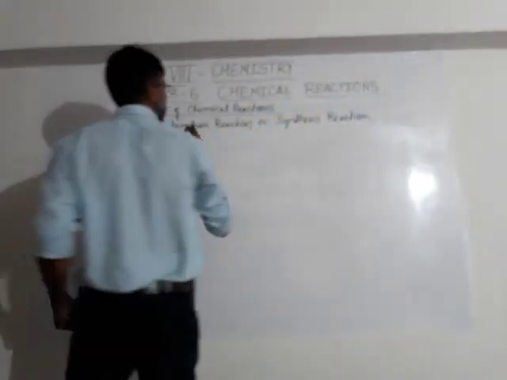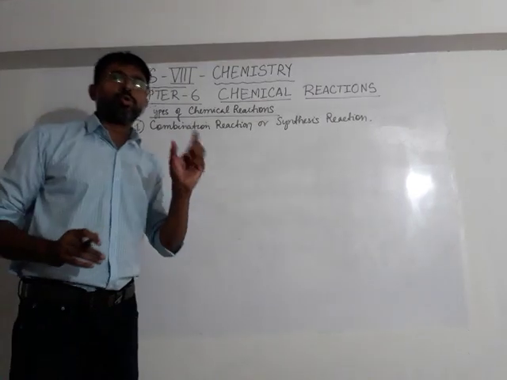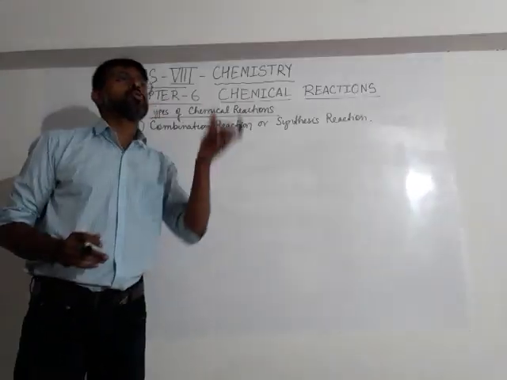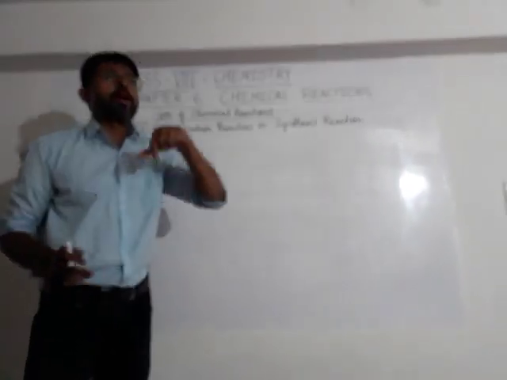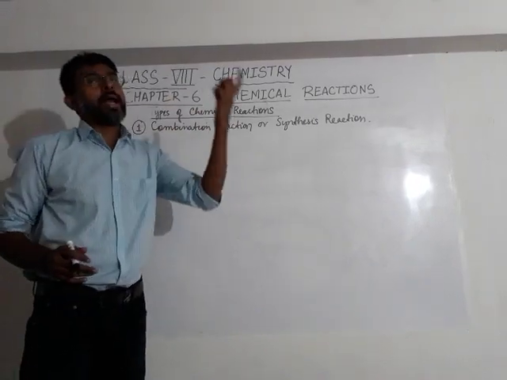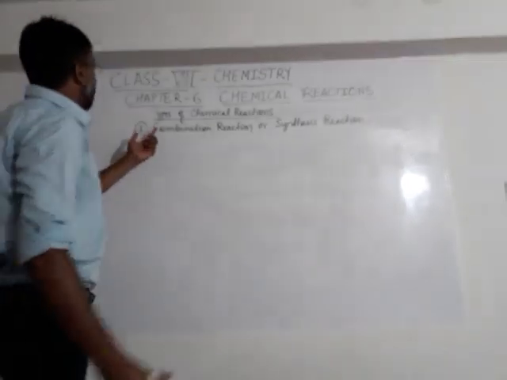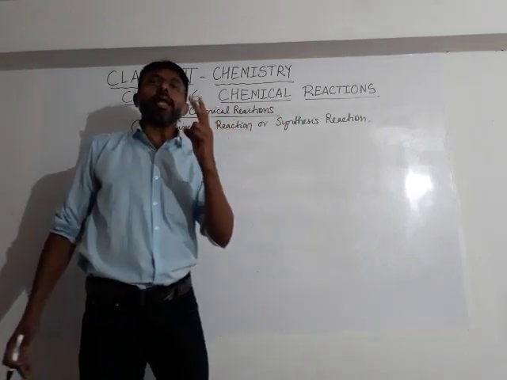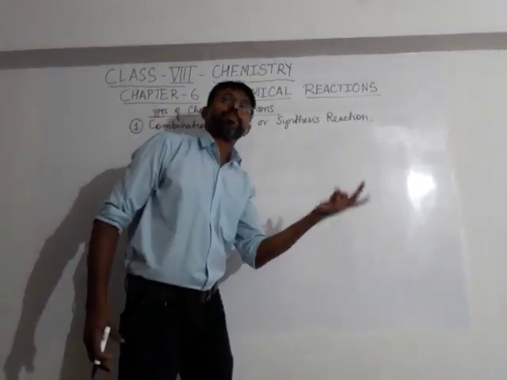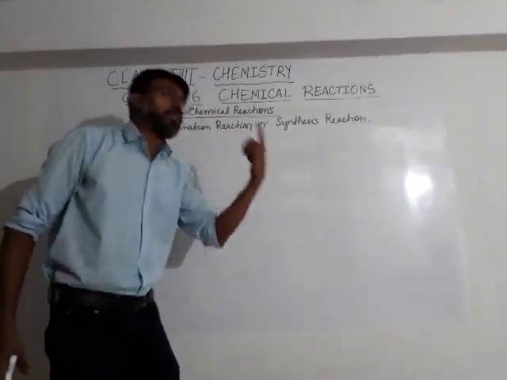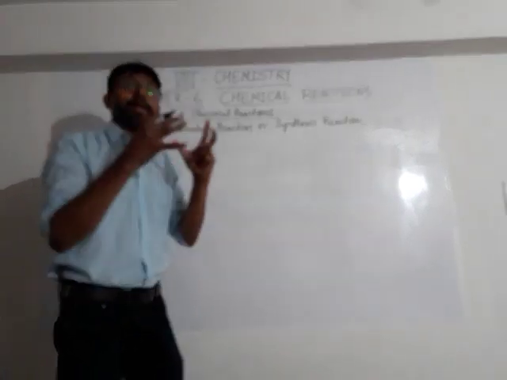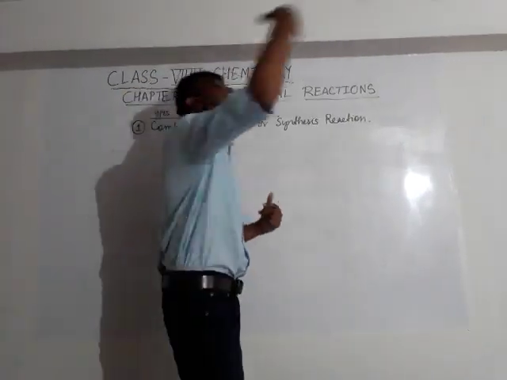In a combination reaction or synthesis reaction, two simple elements or two simple compounds or a compound and an element combine to form another new compound. Am I clear? So, in a combination reaction, two simple elements or two simple compounds or a simple compound and an element react with each other to form a new product.